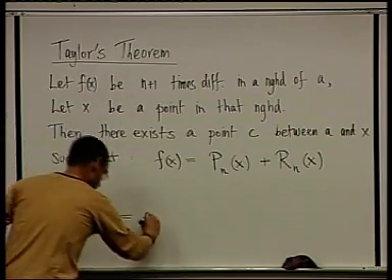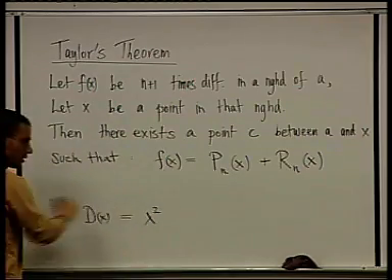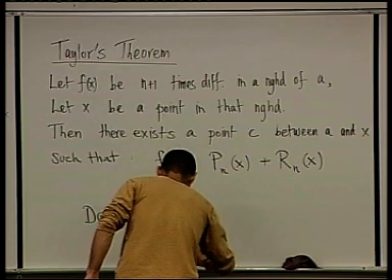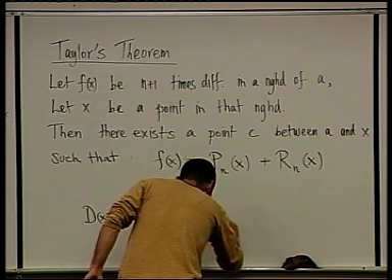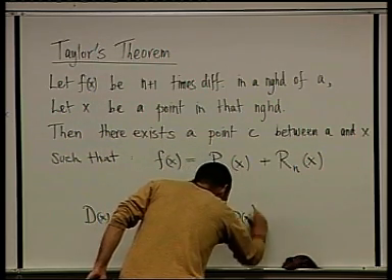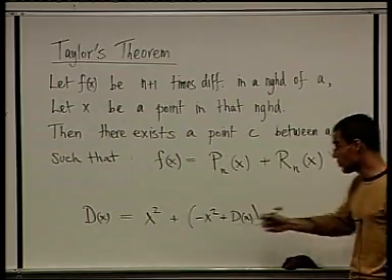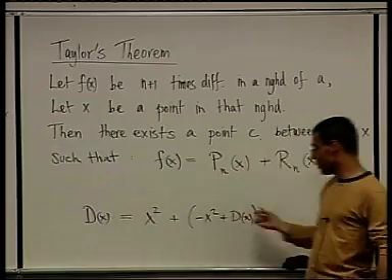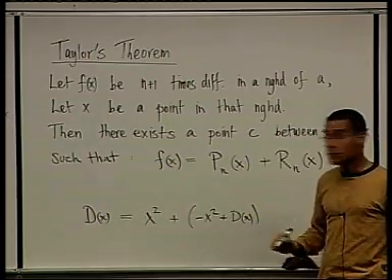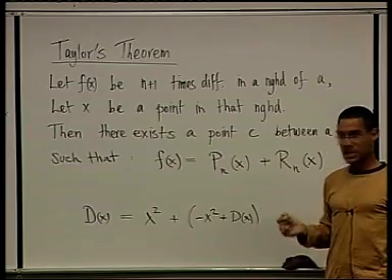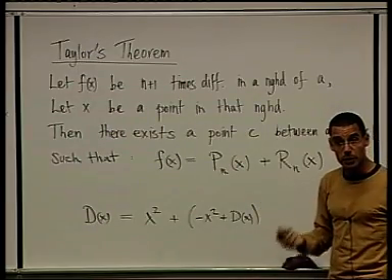x squared. x squared plus, minus x squared plus Dirichlet. Do you agree? I just wrote Dirichlet as a polynomial plus something. You can always do this, but it doesn't say anything. It's meaningless. Do you agree?